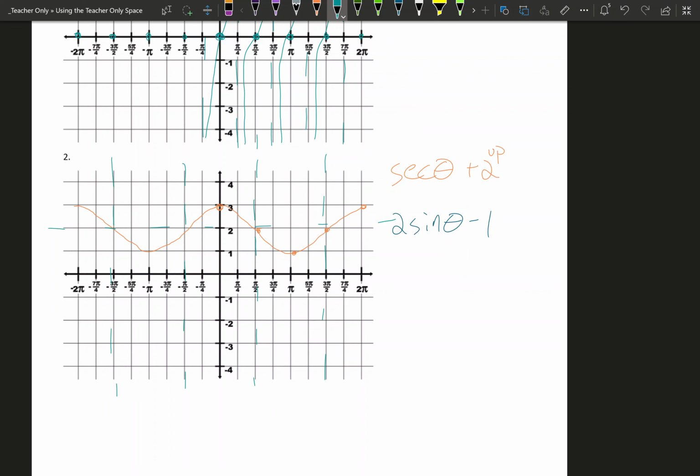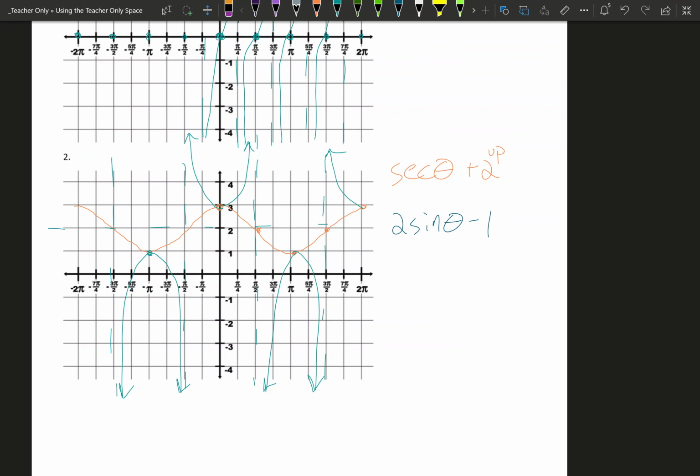Then secant is going to intersect at the maximum and minimum values, and that's where the parabolas are going to be. This one people did pretty well with.